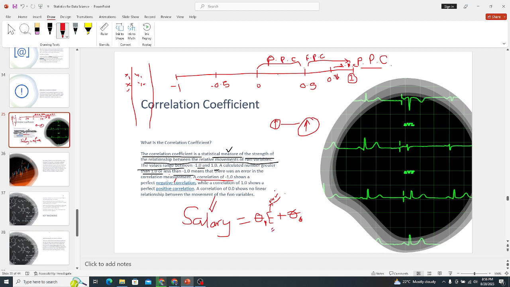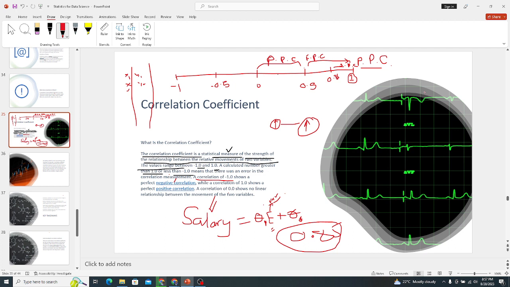So in this case you will find that we have a correlation coefficient of almost 0.85. Why? Meaning we have a very strong relationship between salary and the years of experience.